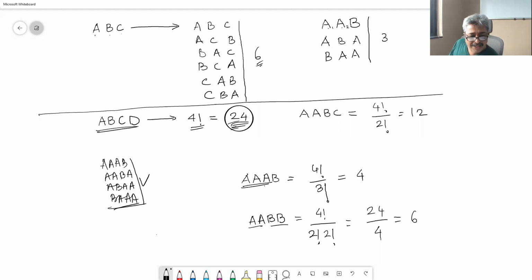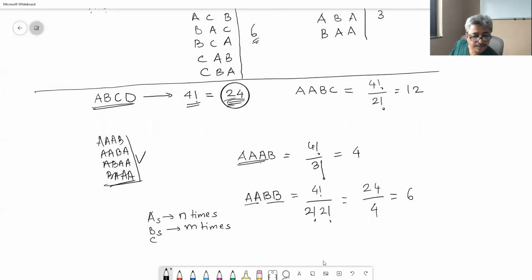So if A's are n times, B's are m times, and C's are k times. Okay, so total how many letters are there? n plus m plus k, that many letters are there.